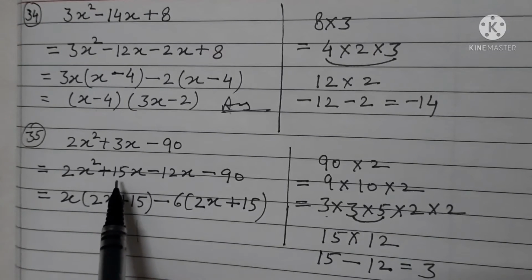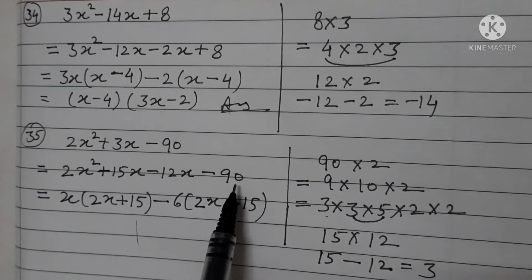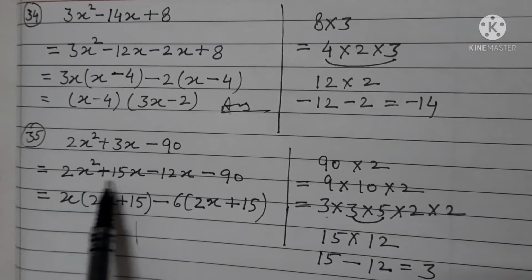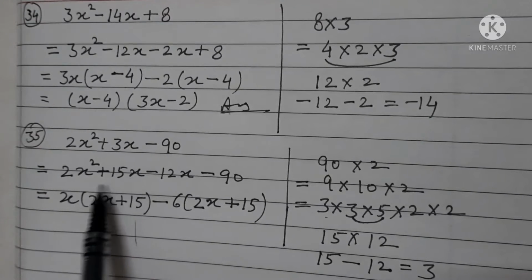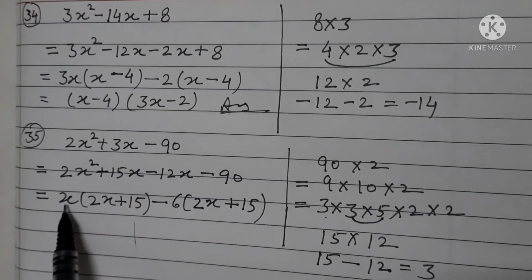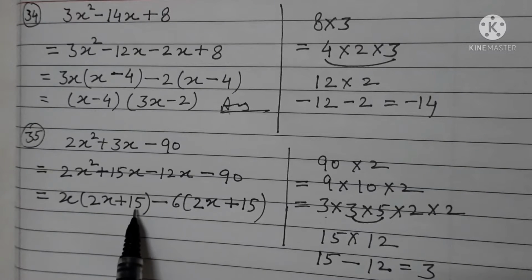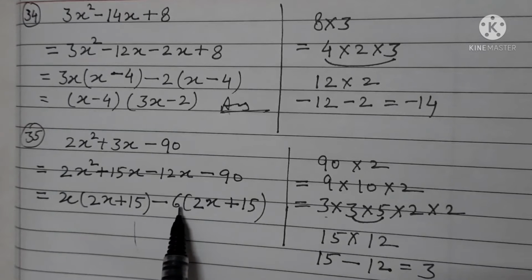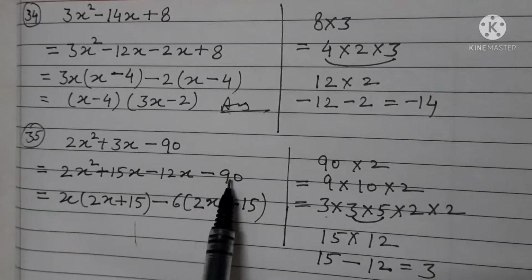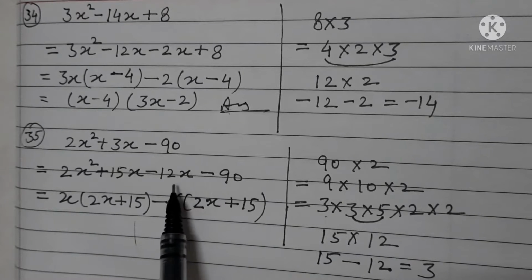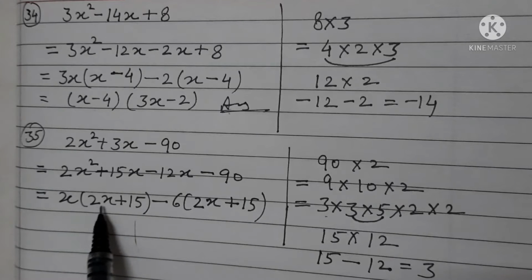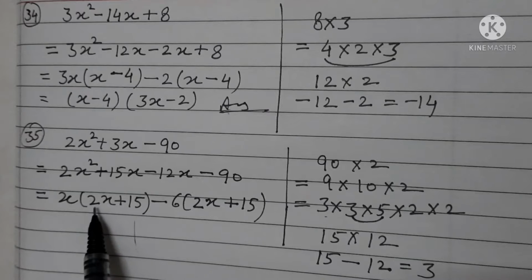Now here, 2x square plus 15x minus 12x minus 90. Here, taking these two terms together, x common only. So here 2x plus 15, and take minus common. If you can't decide quickly what to take common, see the term before the bracket, what is in the bracket, 2.